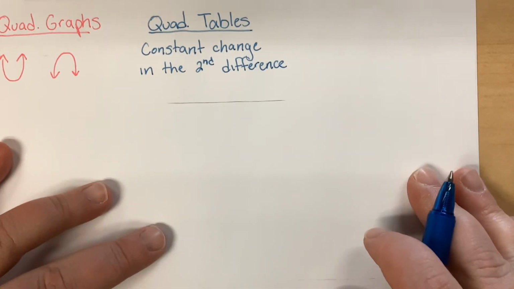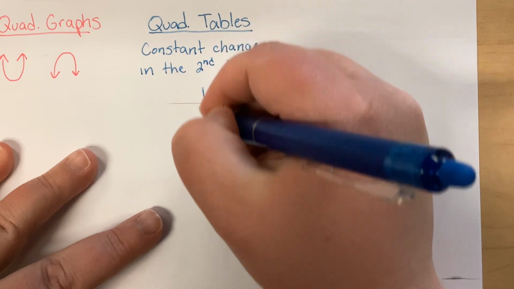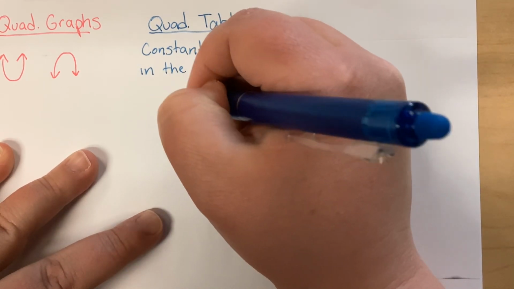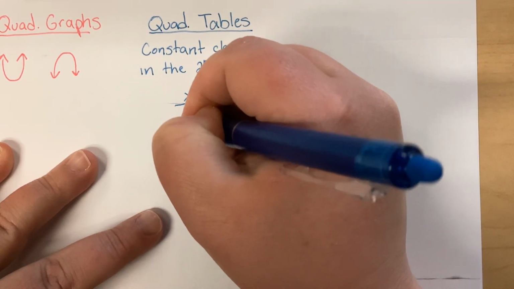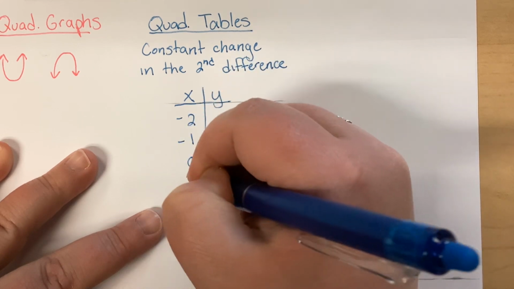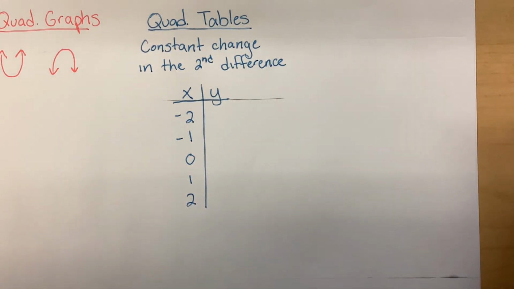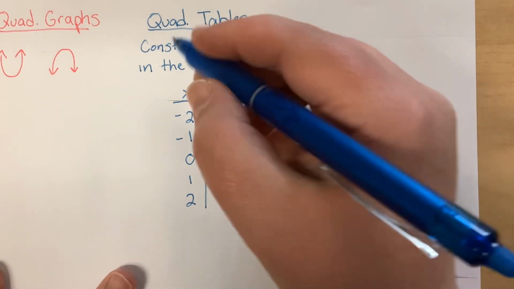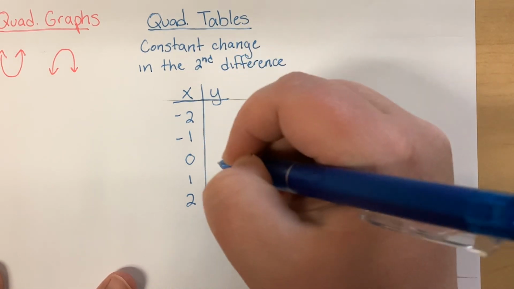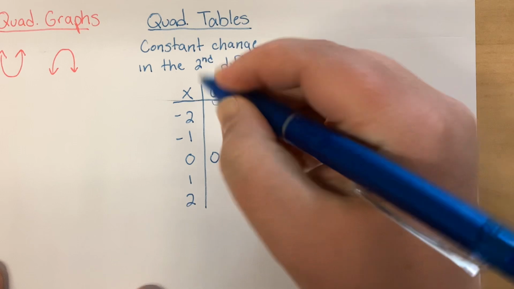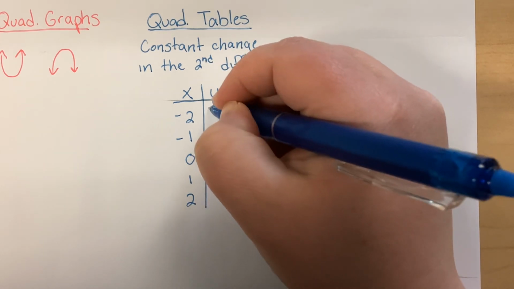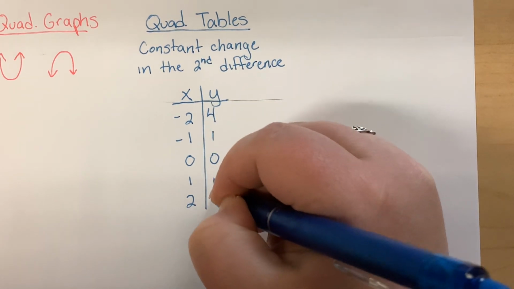Okay, so let's see if I can make up a table here without messing it up. If we have x and y, I'll still use -2, -1, 0, 1, and 2. We'll start at 0, 0. We'll make it easy. So then 1, 4, 1, 4.